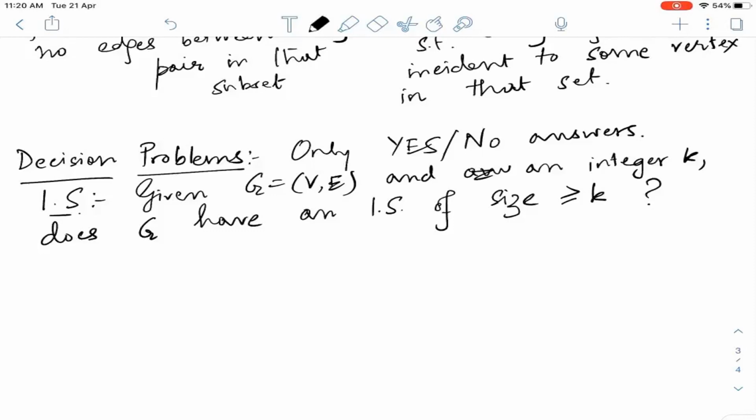Now remember, I claimed that this is somehow as good as solving the optimization version of this problem. So who can tell me why? If I find a polynomial time algorithm to solve the decision problem, why should that imply a polynomial time algorithm for the maximization version?